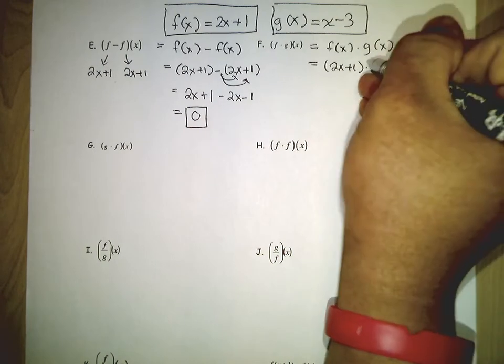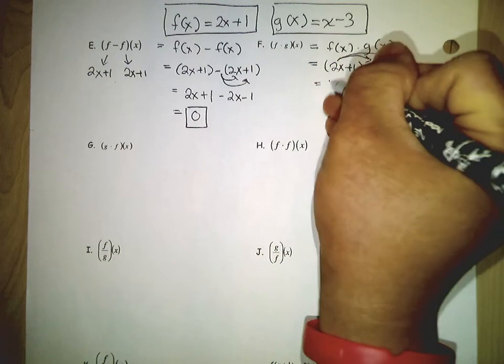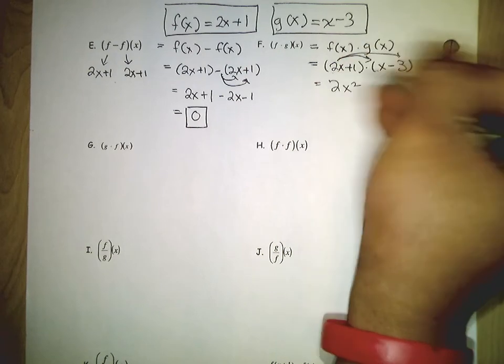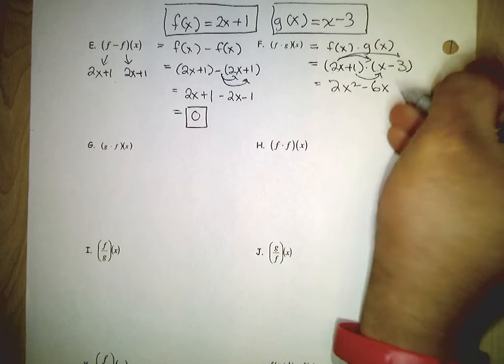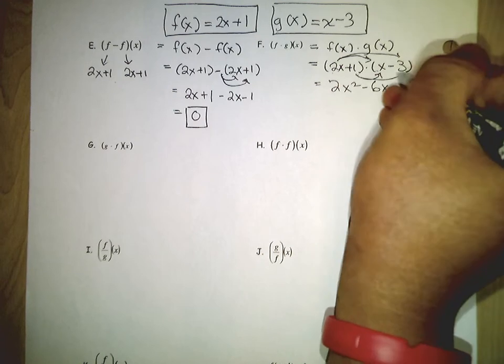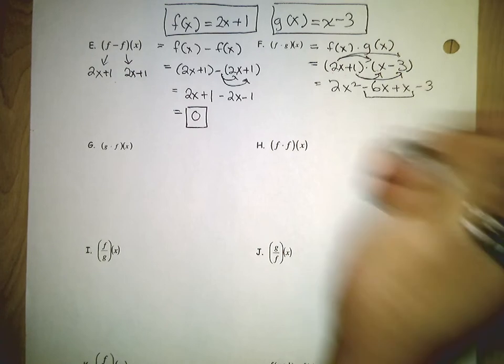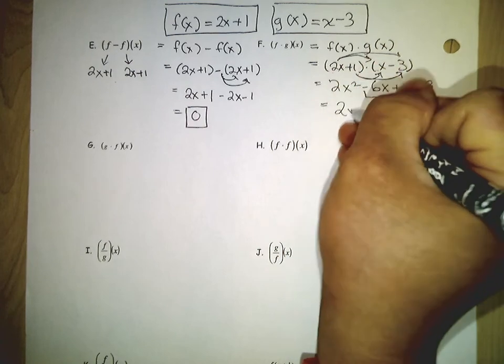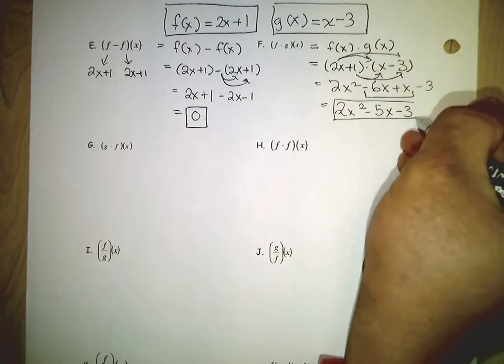This is multiplying, so I'll distribute: 2x times x, 2x squared; 2x times negative 3, negative 6x; 1 times x is x; 1 times negative 3, negative 3. I'll combine the like terms, and I'll end up with 2x squared minus 5x minus 3.